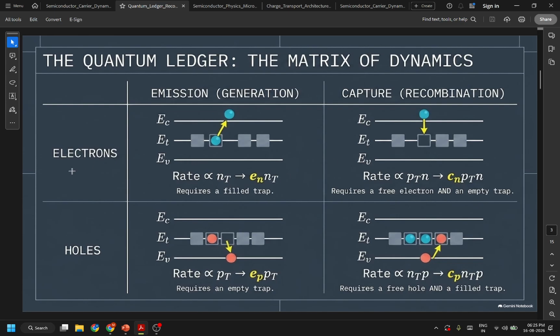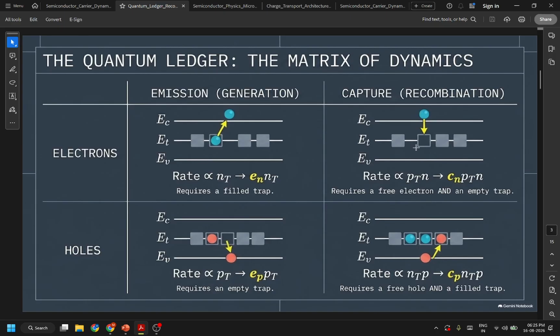So in emission for the electrons, the rate is proportional to small nt, which can be written with a proportionality coefficient as ENT. Whereas for emission of holes, the rate is proportional to PT, which can be written as EPPT.